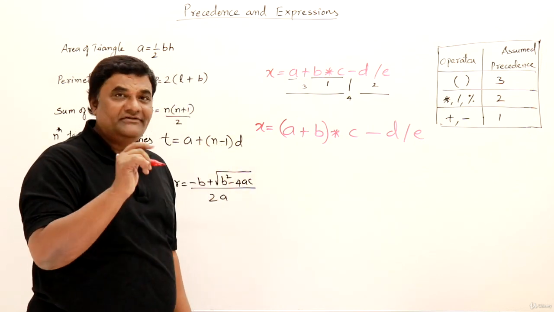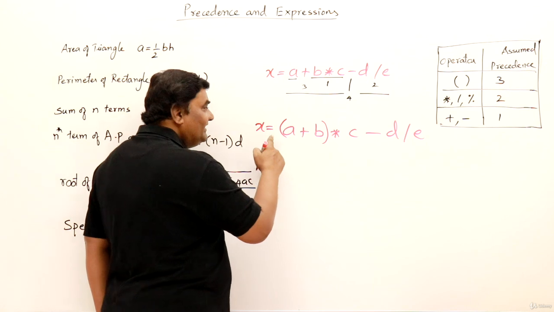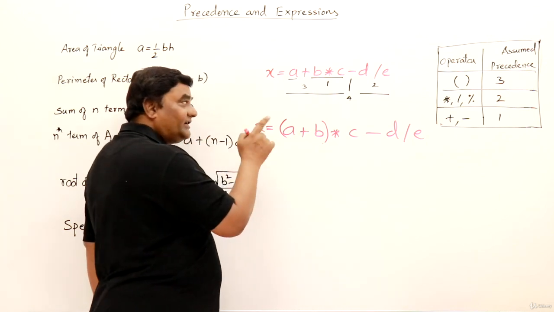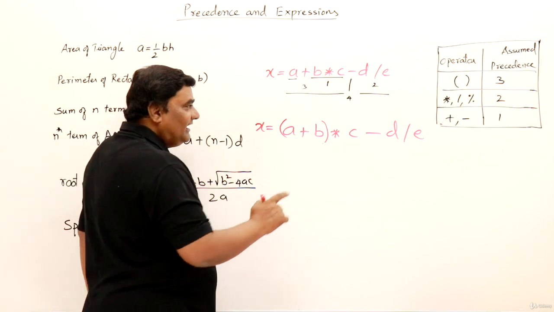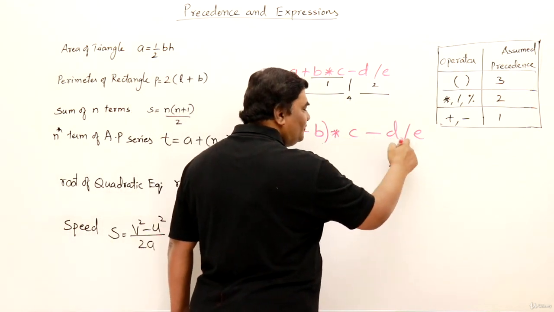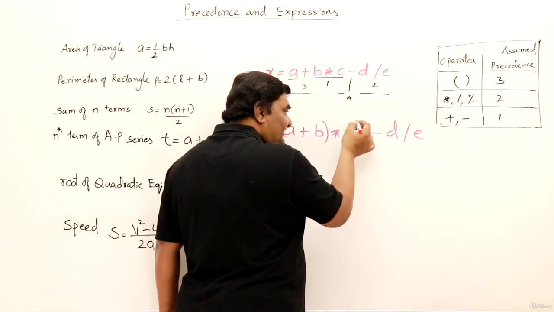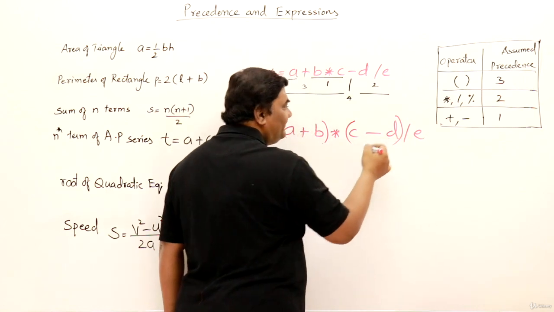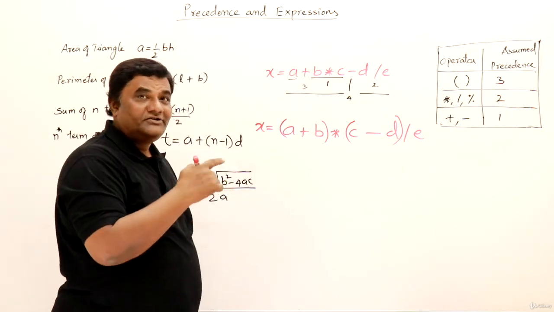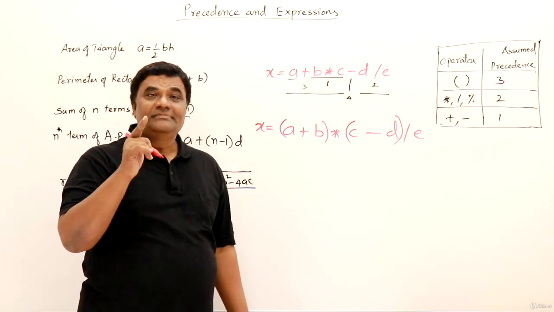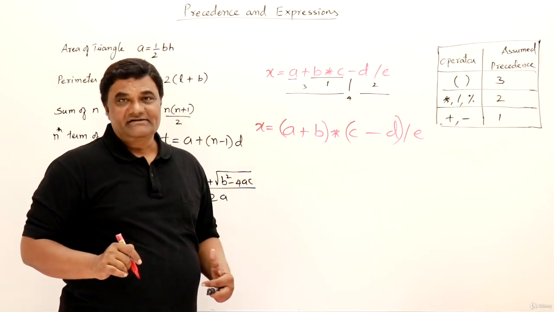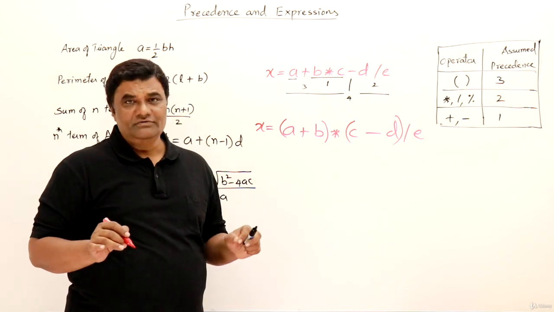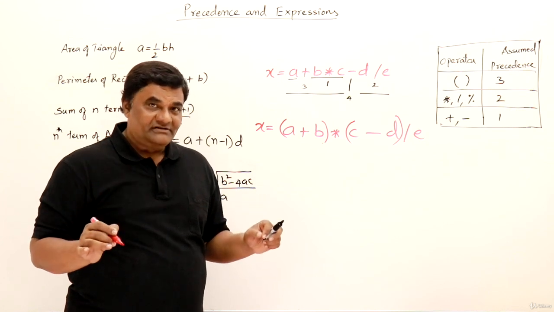Now you see, the bracket has the highest precedence in the expression. So whatever is there in the bracket will get executed first. Similarly, I don't want D to be divided by E. I want C minus D to be divided by E. Then put it in the bracket. Now it will be perfect. As per how you want the result, you have to put them in brackets. So bracket is a very powerful tool for writing expressions.